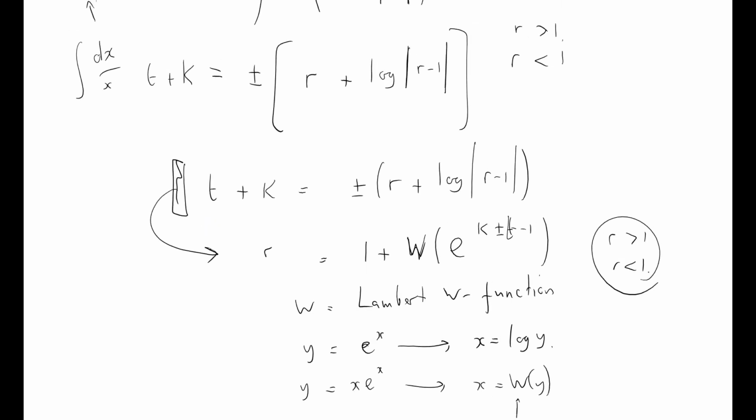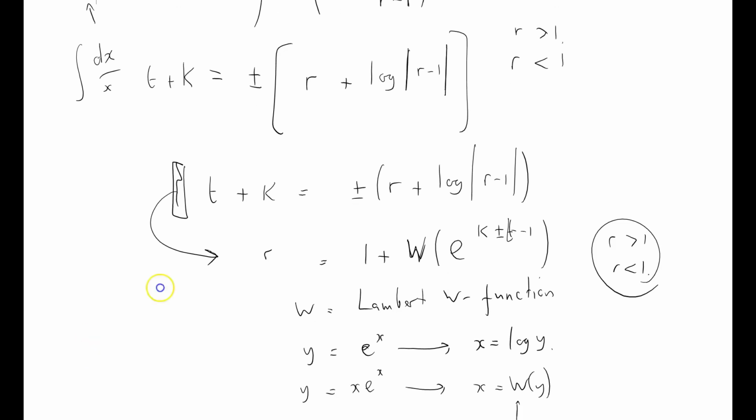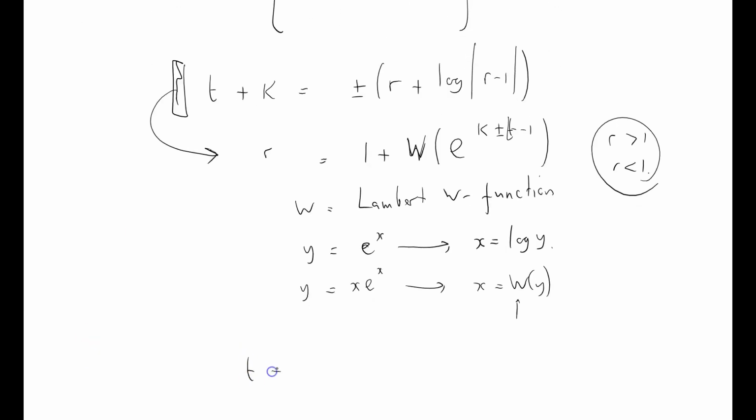So we've got two sequences of answers here. We've got t plus k equals plus or minus r plus log of mod r minus 1. And again, that works for r greater than 1 or r less than 1. But what does it look like if you try to plot it? And I'll talk about that in the next screencast. Stop there.